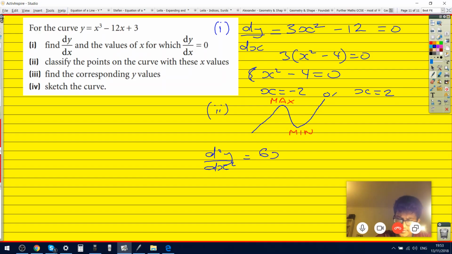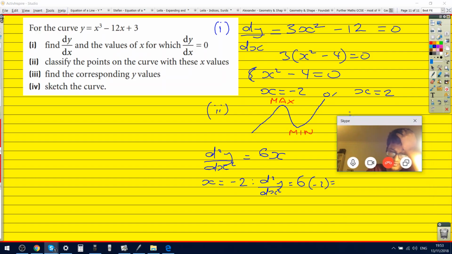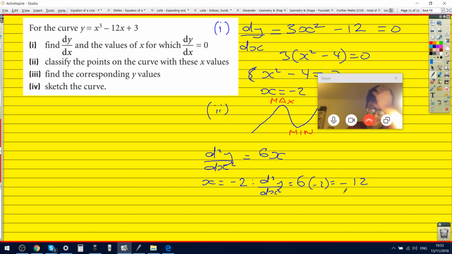Yeah, 6x. And so for the respective x values, when x equals minus 2, when x equals 2. So 6 times minus 2, is that what you do? Yeah. So that'd be minus 12.